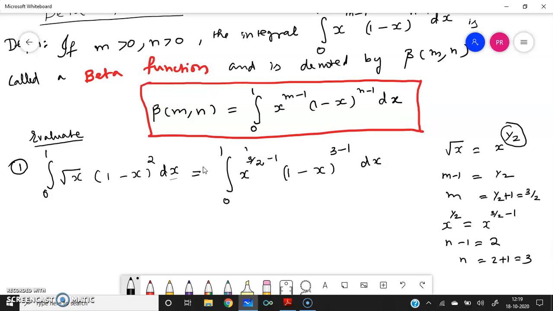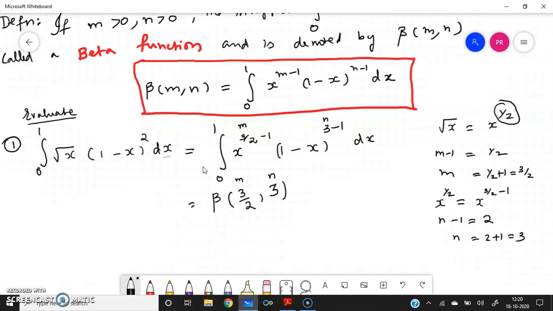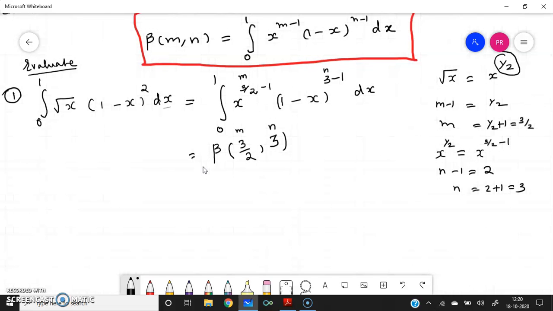This is my m minus 1 and this is my n minus 1. So the answer is beta of m comma n, that is beta of 3 by 2 comma 3. This is my m and this is my n. We'll go to the next. One more sum we'll try to solve. Second sum.